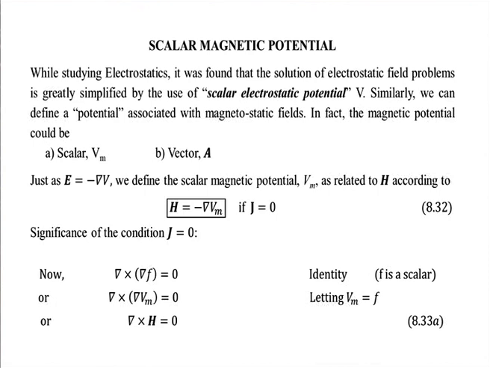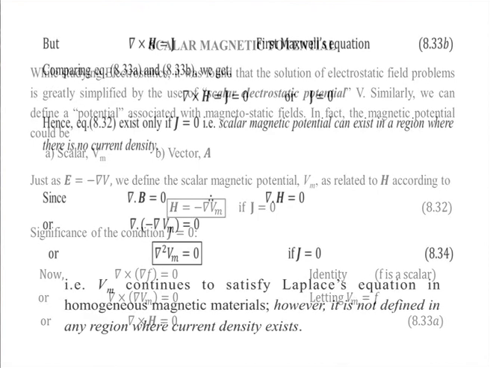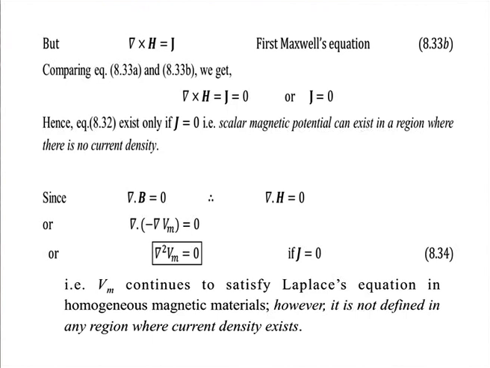Now let us understand the significance of J equal to 0. Curl of gradient of any scalar is equal to 0, so curl of gradient of V m is equal to 0, or curl of H is equal to 0. But curl of H is also equal to J, which is the first Maxwell's equation of magnetostatics.